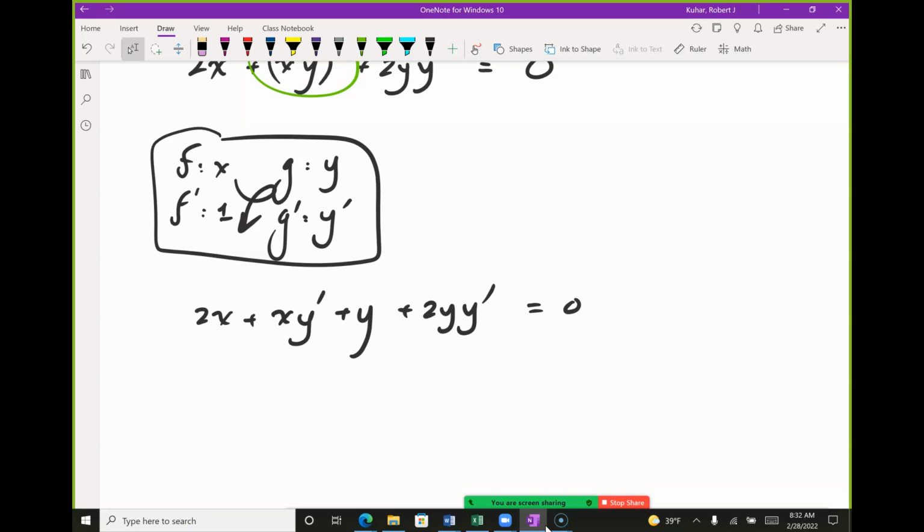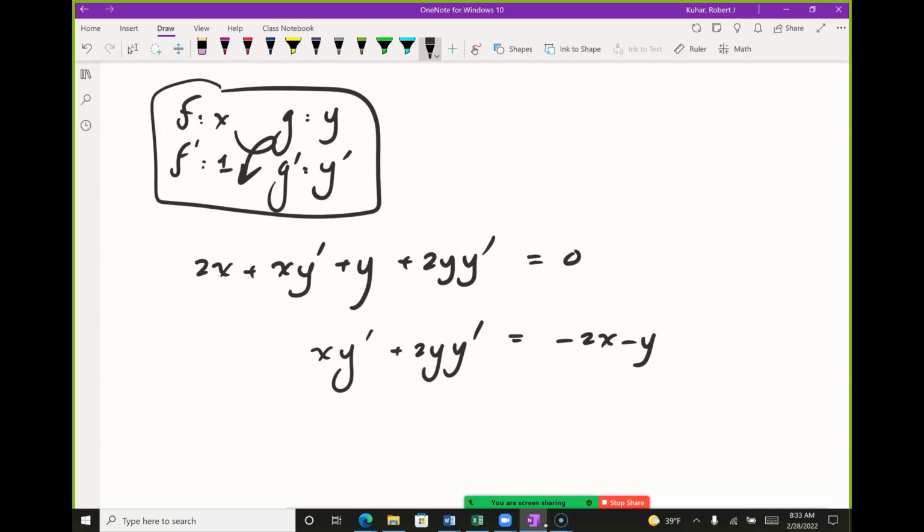So on the test I would say, find me the general form of the derivative and then find me the tangent line, right? So I'm going to move my non-y prime terms over to the other side. So I get a negative 2x minus y. Everybody with me there? Anything without a y prime in it, I move to the other side. And then I factor out my y prime.